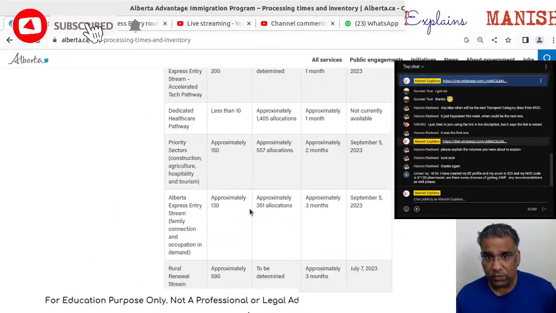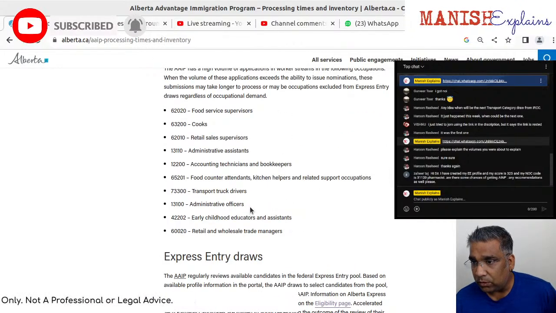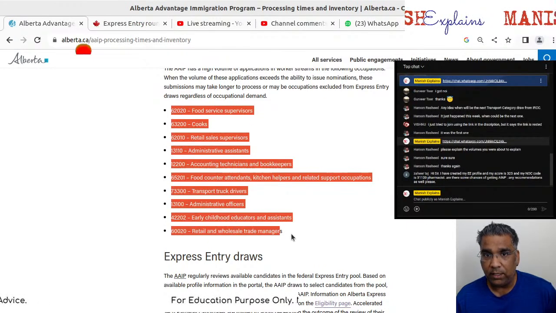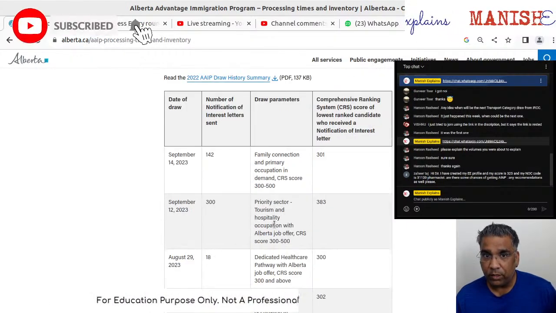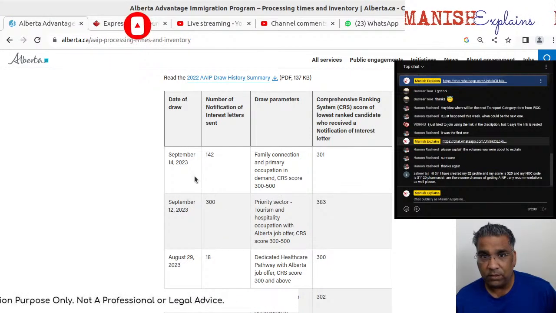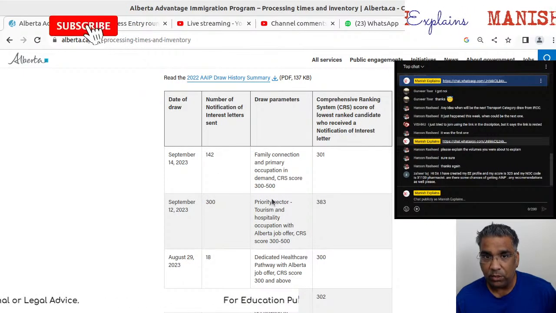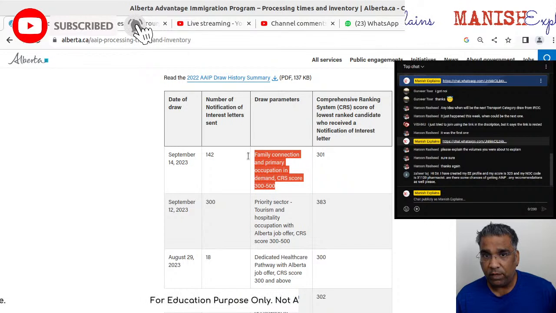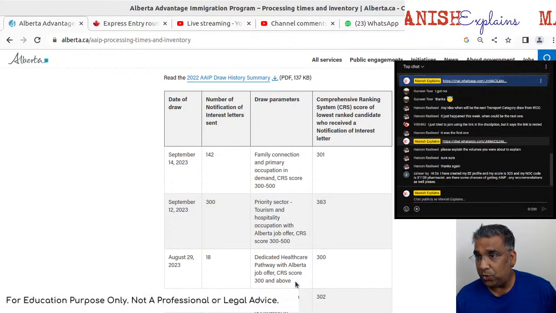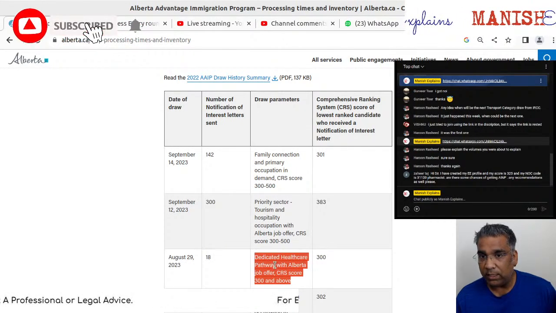If you see here, in the last draws that happened, your NOC 31120 is at least not on a very high demand list. The draws that AAIP has been doing are basically for family connection and priority sectors, right? Do you know if your NOC can be eligible under the dedicated healthcare pathway?